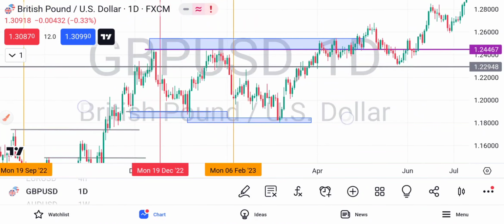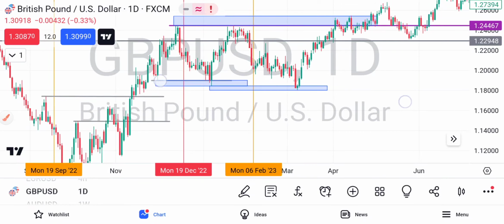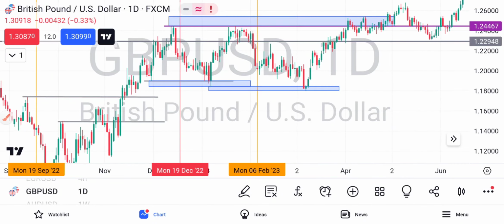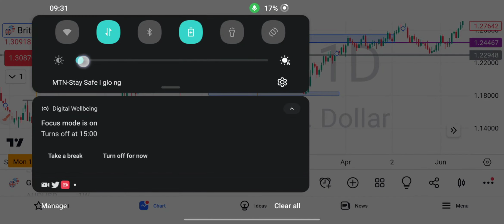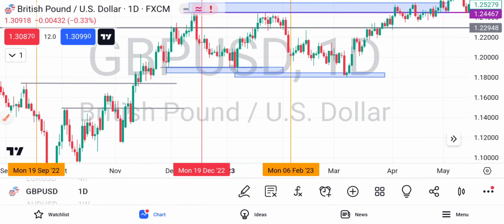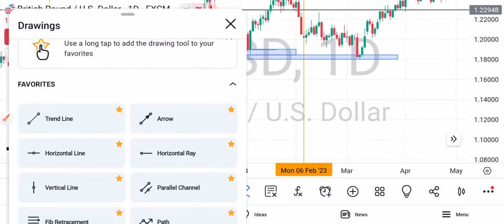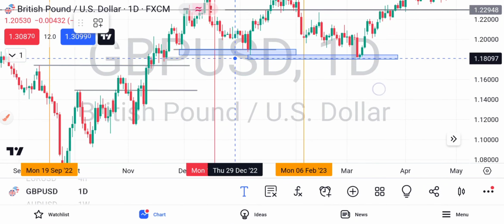Yeah, so this is basically what they call, and so here now, this place here is what they call internal range liquidity. So let me increase my screen. I don't know if you can see my screen properly. So this place here now is what they call internal range liquidity. So let me type it out for you.